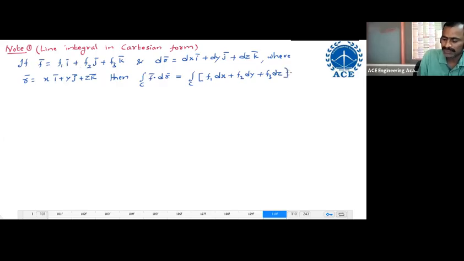And then we evaluate each integral. The first one is integral with respect to x, the second is with respect to y, the third is with respect to z. So whenever the function is given in Cartesian form, we write the line integral in this form. This is the Cartesian form of the line integral.